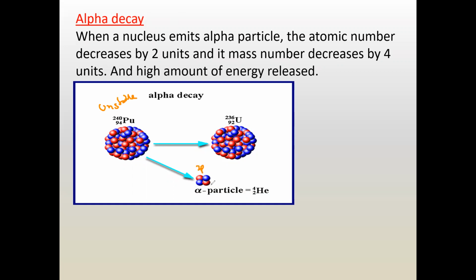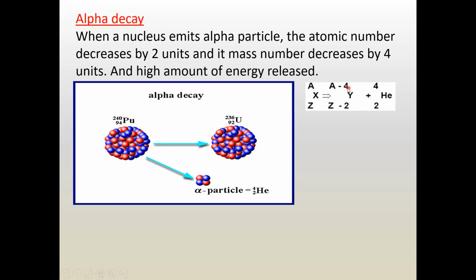When two protons and two neutrons come out from the nucleus, that emission is known as alpha. Alpha can be denoted by a helium nucleus, or the symbol for helium, which is He. So whenever an element is emitting alpha, this is the general equation for alpha decay.